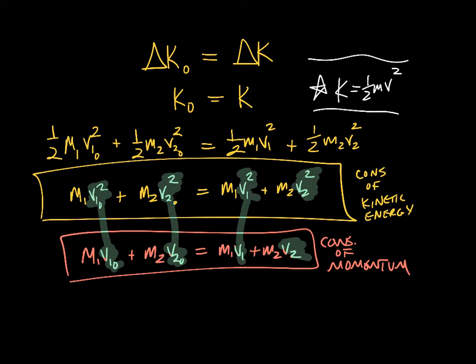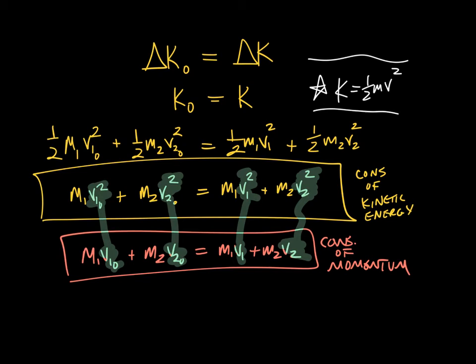So I think in one sense you can see where the historical spat might have come into play. So that's pretty much the long and short of pulling momentum and energy together.